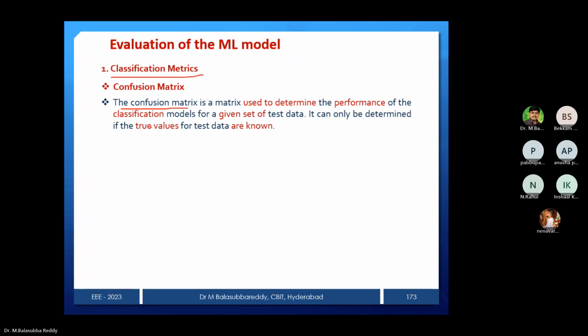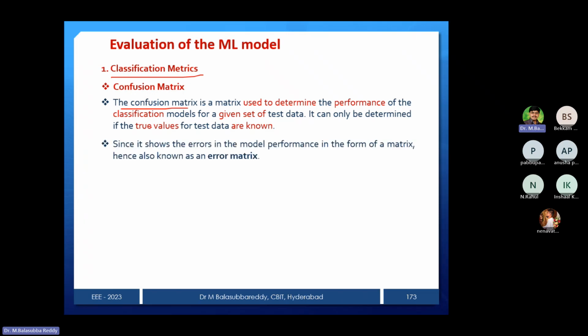It can only be determined if the true values of the test data are known. So we have it in matrix fashion: true positive, true negative, false positive, false negative.